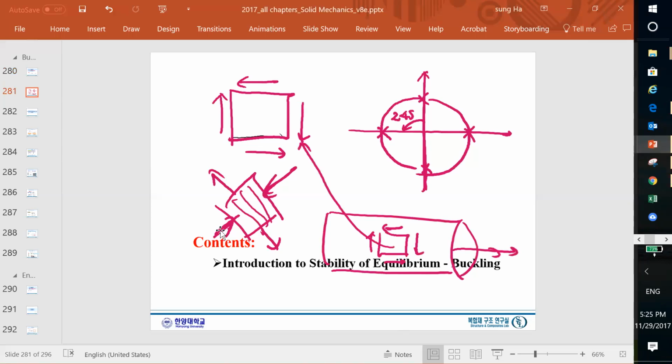But whenever we have a compression, it cannot support, right? It cannot support. Why? Because of buckling. So you have to be very careful when we design a structure under compression. Okay? So it happens in any structure.